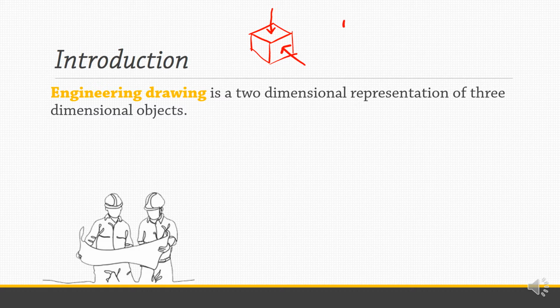So if we look at that object at the top, this is what we see. So this is the 2D representation of this cube from the top view. So could be in any other views also. So that is engineering drawing. So 2D, two-dimensional.